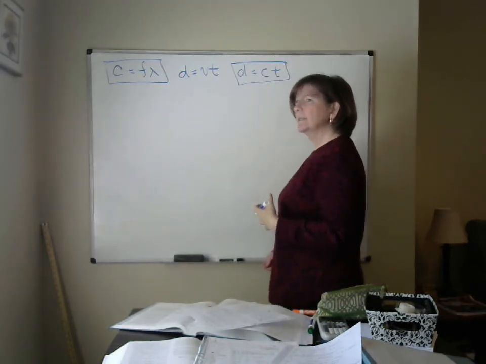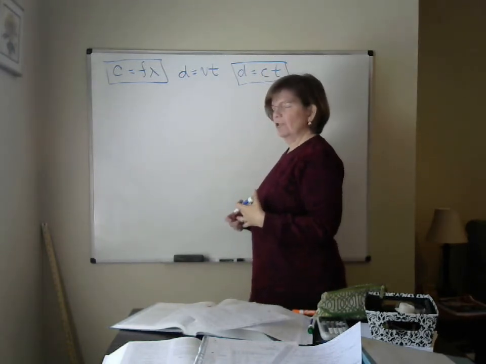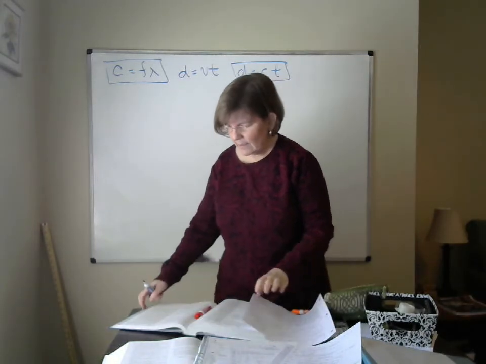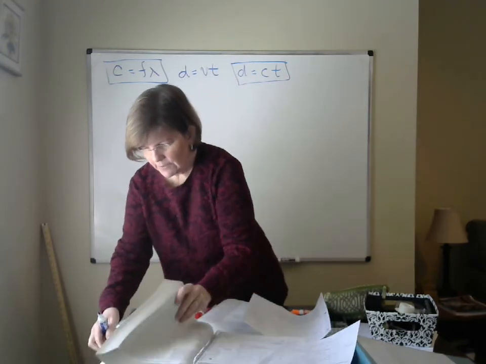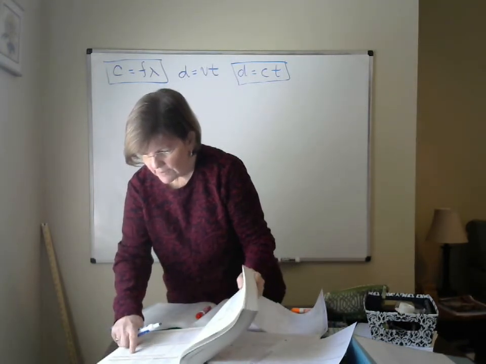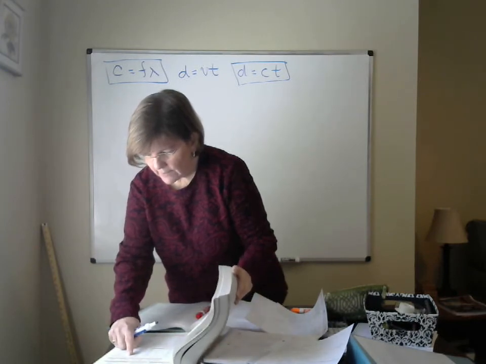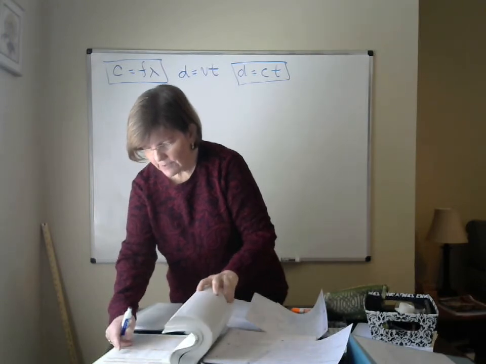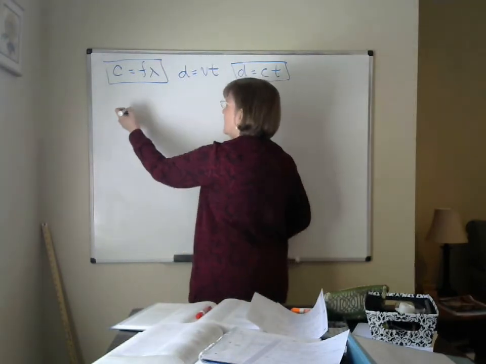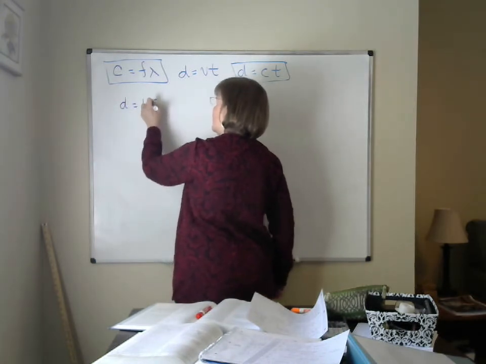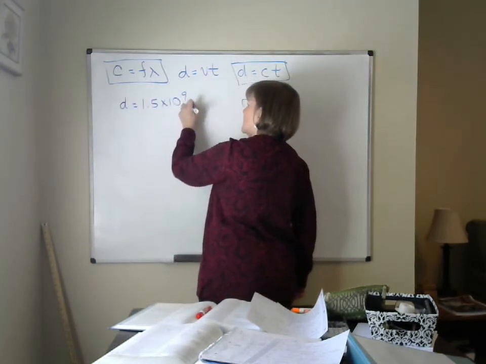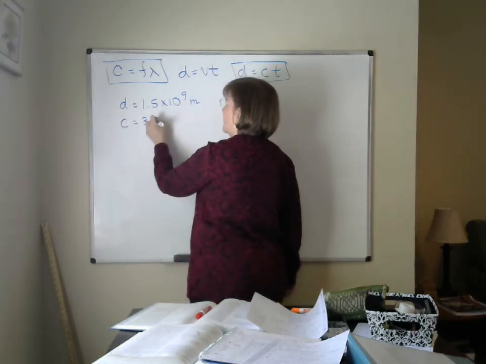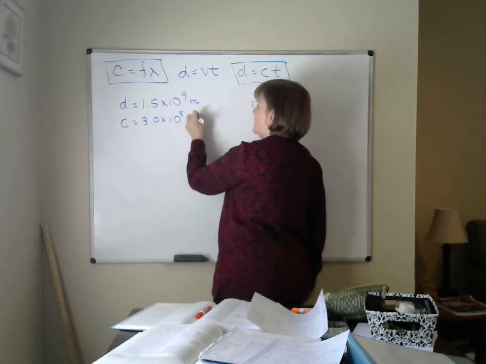So how long would it take light from the sun to reach us? Well, what's the distance from the Earth to the sun? I believe I have it right here in this book. The Earth-Sun distance is, let's just go with, 1.5 times 10 to the 9th meters. We know that the light is traveling at 3.0 times 10 to the 8th meters per second.